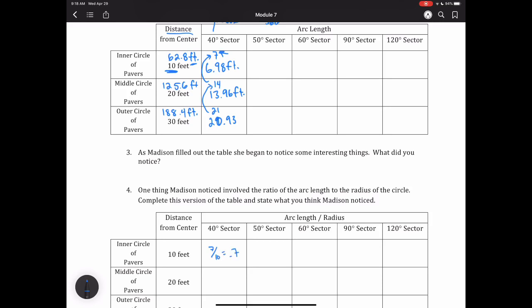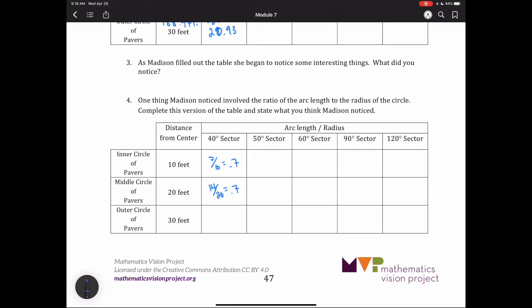We'll do 14 divided by 20, which is equal to 0.7. Interesting. And then, let's see, 21 divided by 30, which is equal to 0.7. So now I want you to complete those for the rest of this table as well.